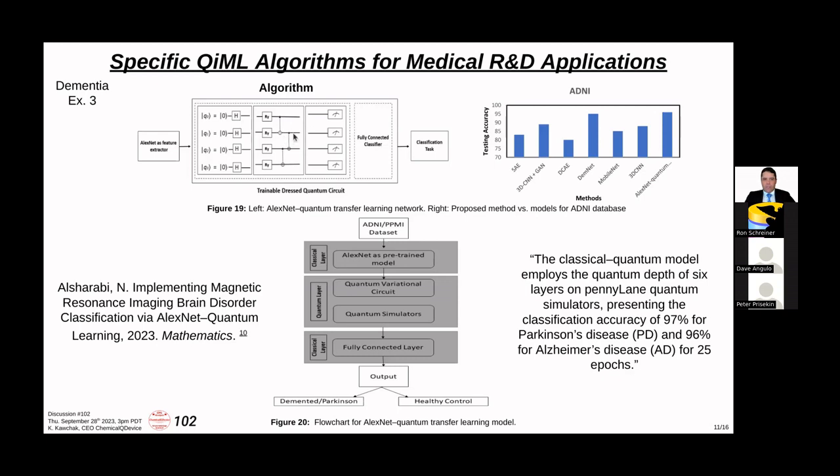I'm not sure if that's just something they did, or something that got changed, or if it's the same or similar to the other 2, but that's worth noting with that particular target. And then you can see what they said they got: for Parkinson's, 97%, for Alzheimer's, 96%.